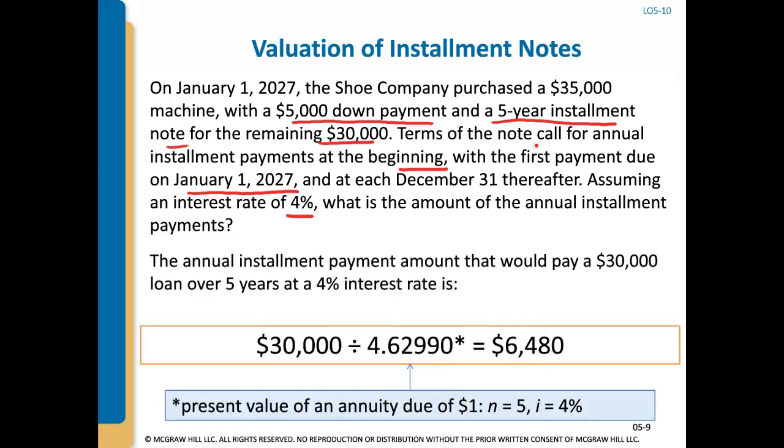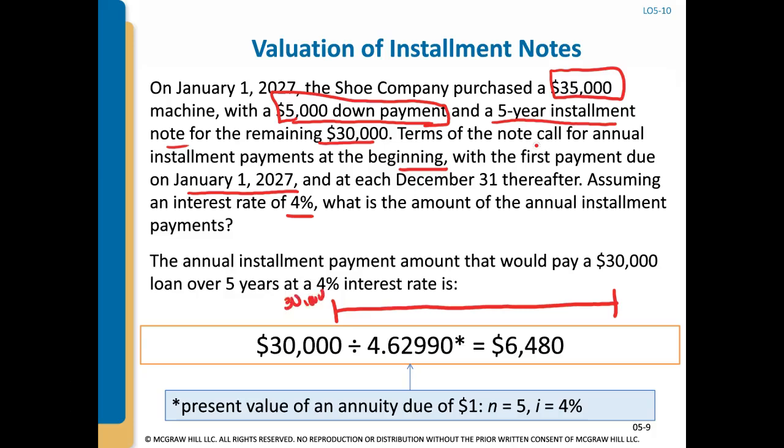Well, first you have to see what we are looking for: the installment amount. We put $5,000 down, so we have a purchase price of $35,000, but we put $5,000 down. So when we look at our table, our present value amount is $30,000.